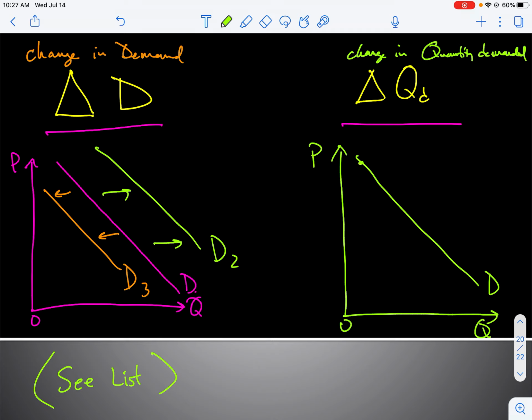It tells you the quantity demanded at this price and the quantity demanded at this price, or this one. Any point on the curve tells you that at this price, here is the quantity demanded. And if you raise the price up to here, the quantity demanded goes down to here. So a change in quantity demanded is just a movement from one point on the curve to another point on the curve.